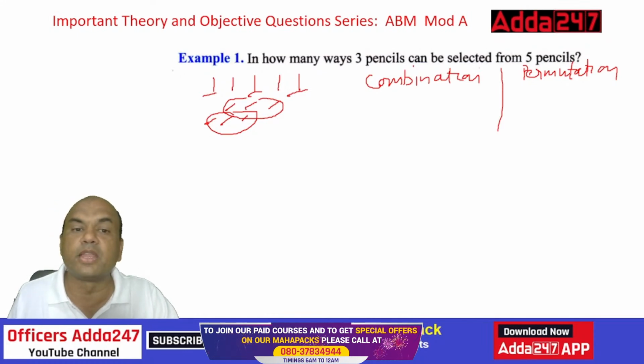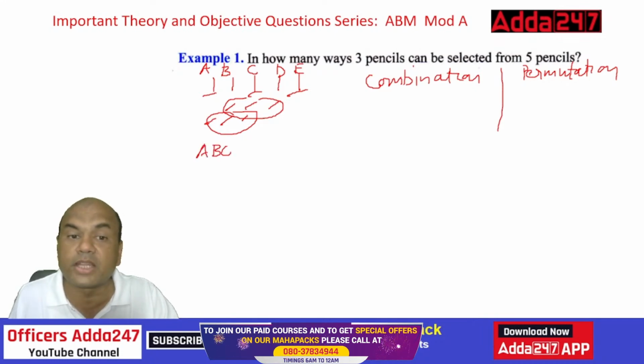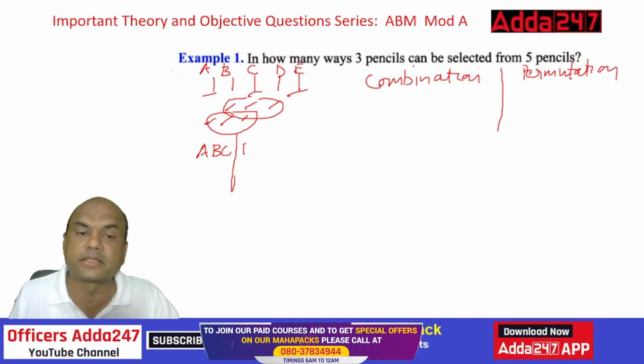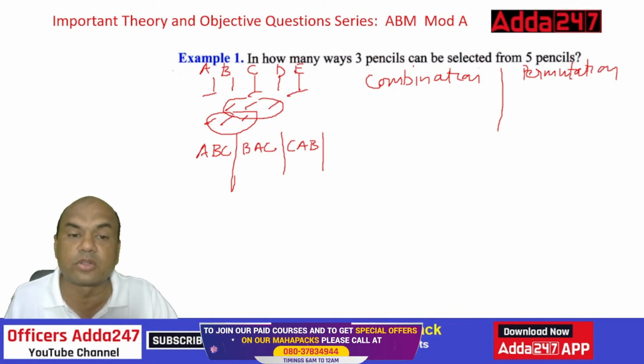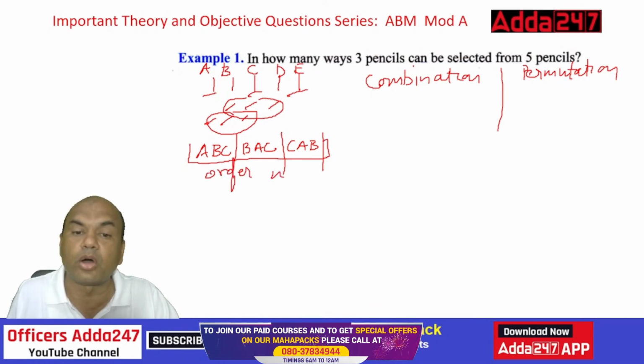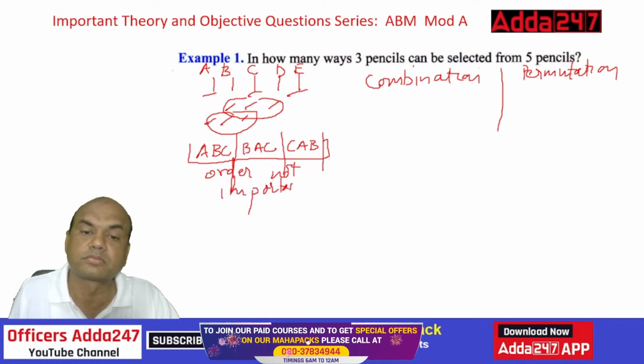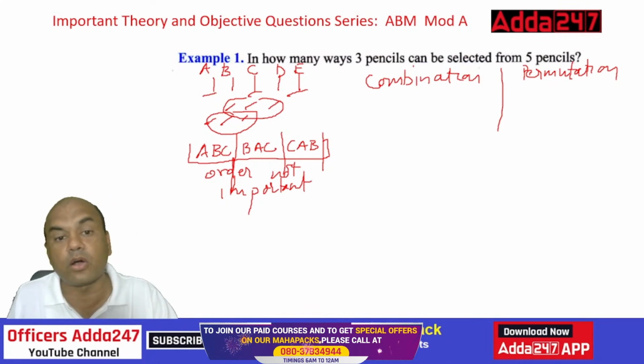So if you name them A, B, C, D and E, I can have the pencils like A, B, C, this combination, or within this combination I can have B, A, C, or C, A, B, or others also. There can be more than this, C, B, A, anything. So remember, this is known as combination, where the order is not important. And in permutation, the order is important.